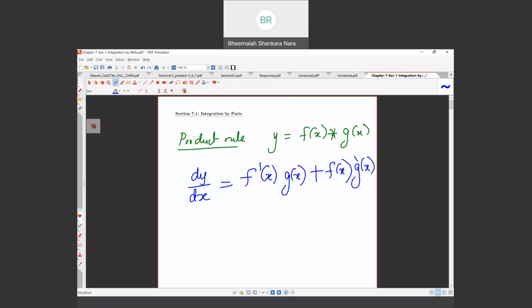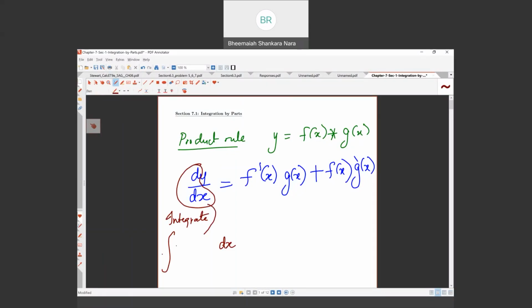Now let's try to integrate this product rule. So as soon as I say integrate, we write this integration symbol, and we also mention the variable of integration, which is dx. So d over dx from the top, I'm going to bring it to the bottom. So let me write d over dx.